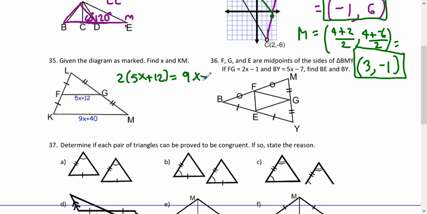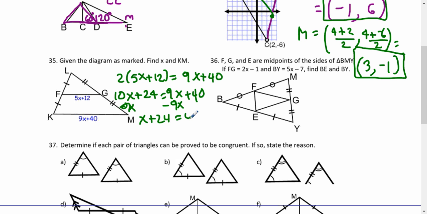So I create this equation. Then you multiply, that gives you 10x plus 24 equals 9x plus 40. Subtract 9x from both sides. So that's x plus 24 equals 40, and x is equal to 16.